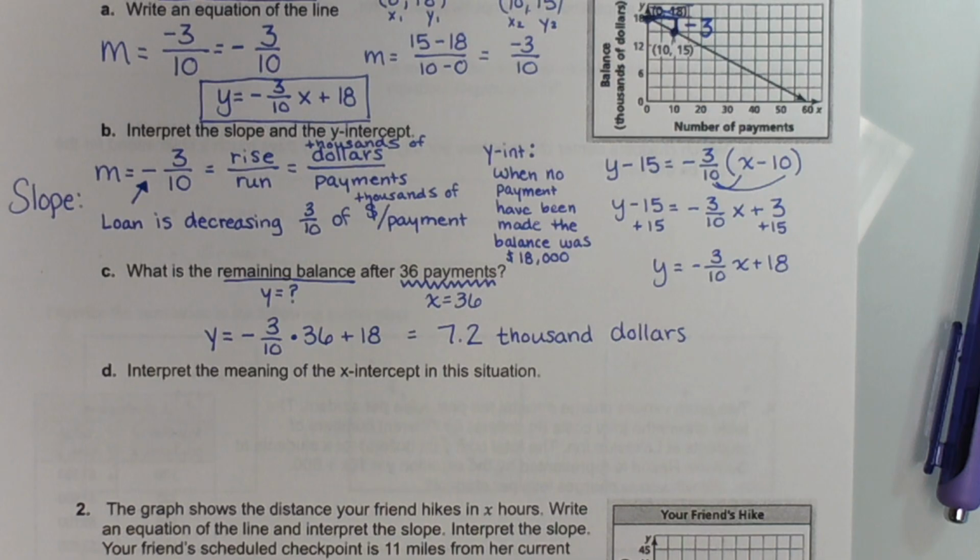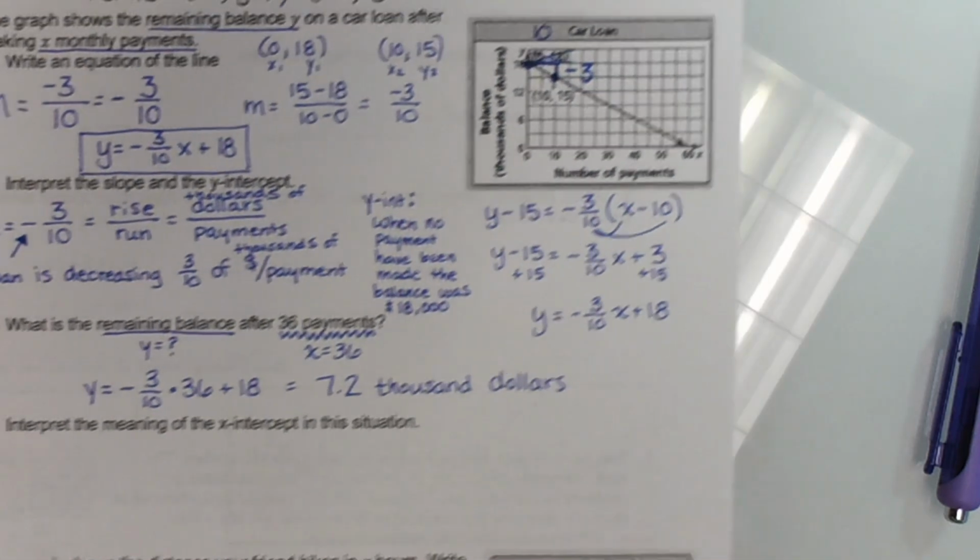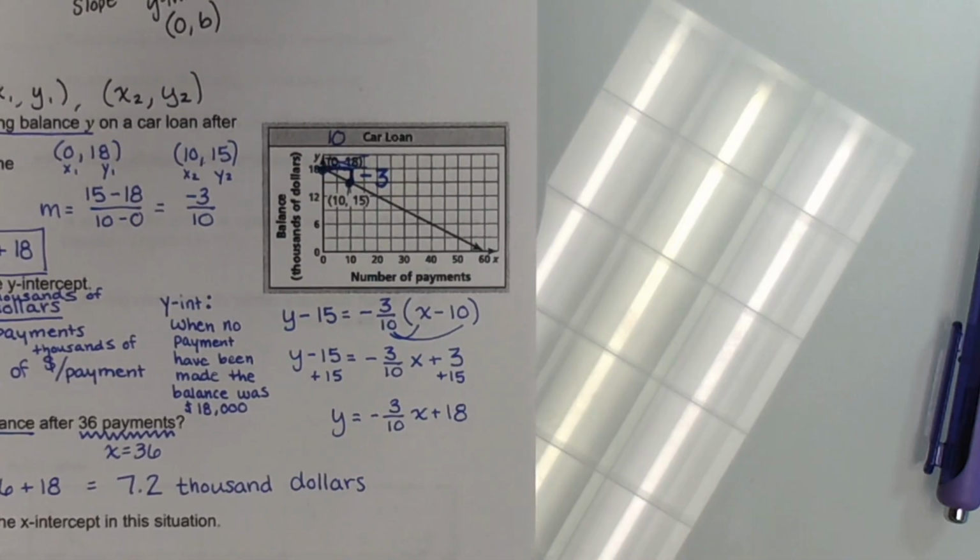This specific question asks one more thing. What is the meaning of the x-intercept? X-intercept and y-intercept, they're similar, but they're not exactly the same. On a graph, every single y-intercept has an x value of 0. Every single x-intercept will have what? 0 in the y values.